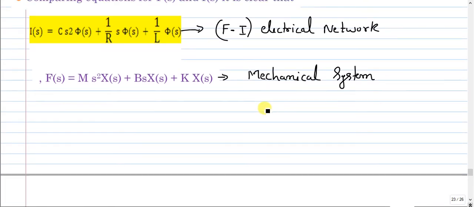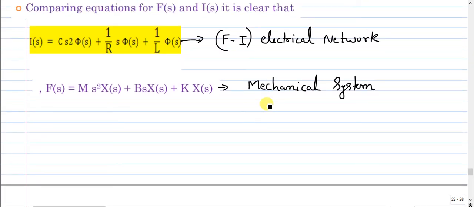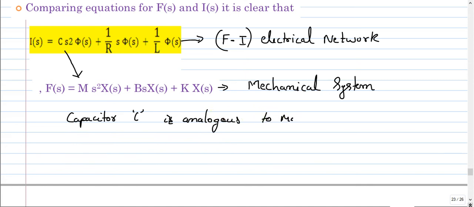So I can make a clear point that C, capacitor, is analogous to mass m.